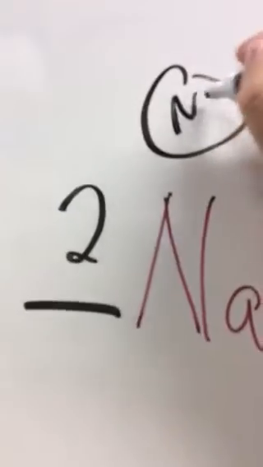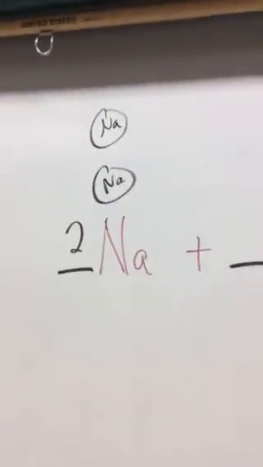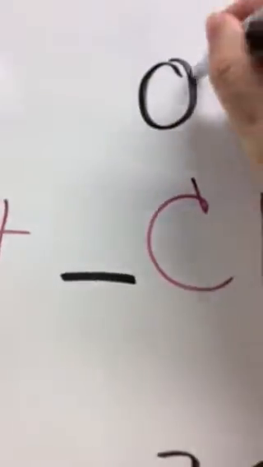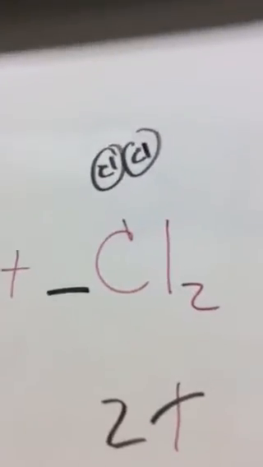If I were to draw this out, this would be like 1 Na, 2 Na, and they're not attached to each other. So that's what 2 Na would look like. Cl2 would be, if I have 2 Cls linked together, and I just have one of those molecules.